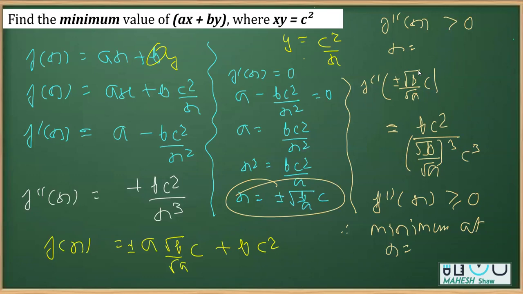So we have the value of y from here, c square by x, and x from here is under root b over under root a, c. So after simplification, whatever you get should be the minimum value.